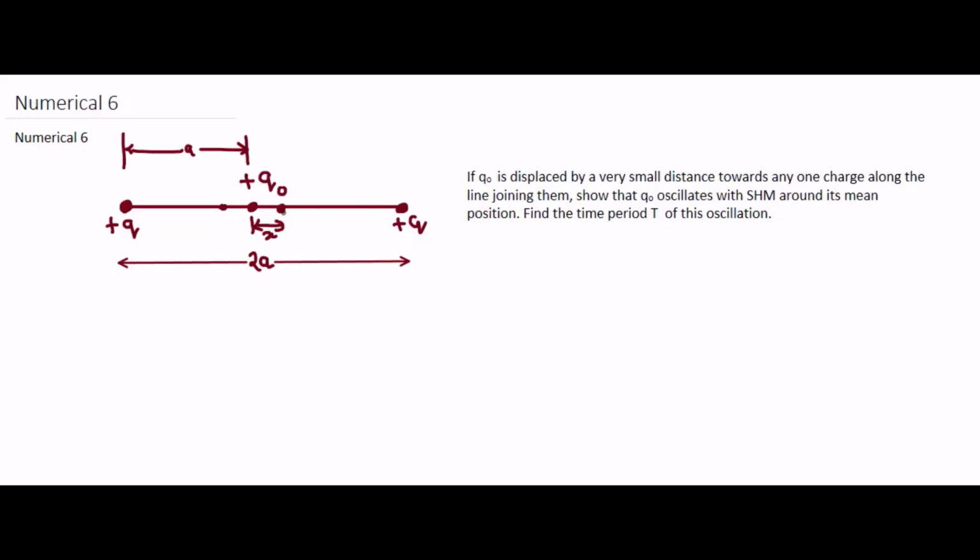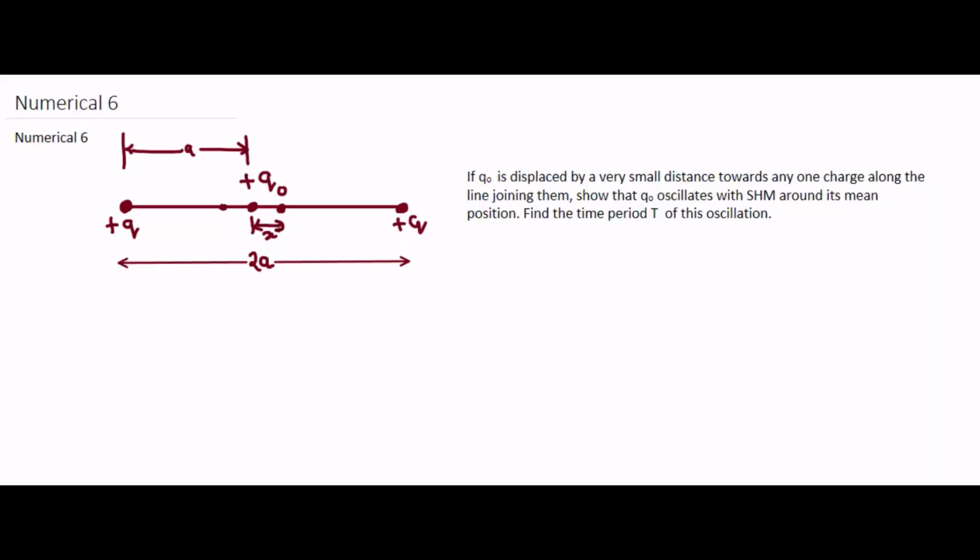Now this force is repulsive in nature, so the moment we release it, this repulsive force will push it back, so the q0 will start moving in this direction. Because of the inertia, it will move forward. The moment it comes over here, there will be a repulsive force from this charge plus q. It will push it along this line, so it will go back. So because of these repulsive forces from both sides, it will keep on oscillating around this position. So that's the reason why it is oscillating.